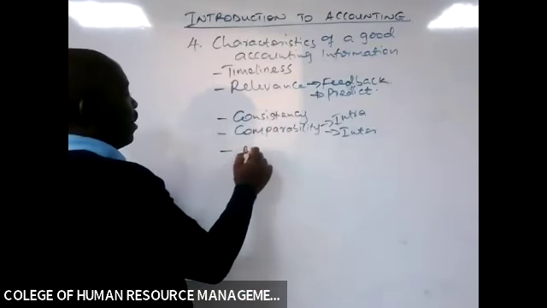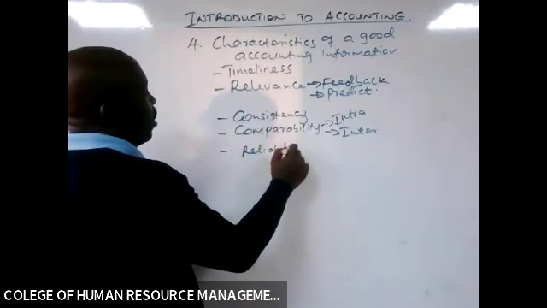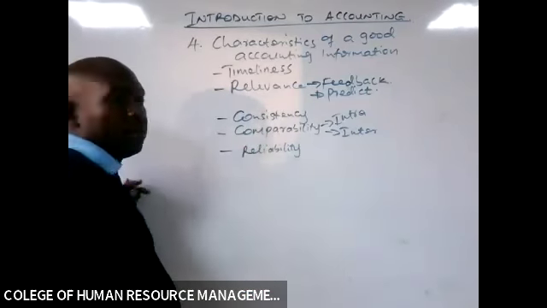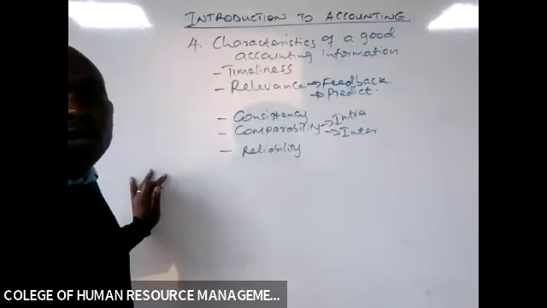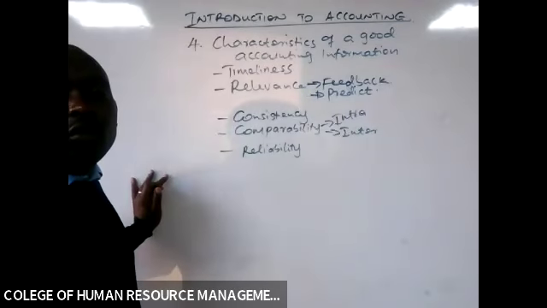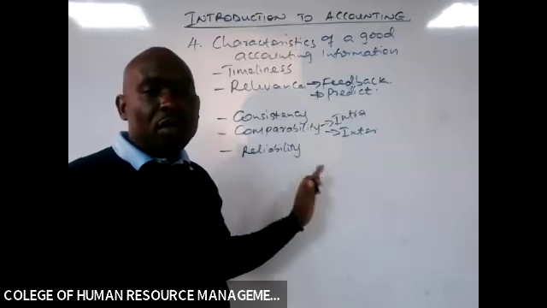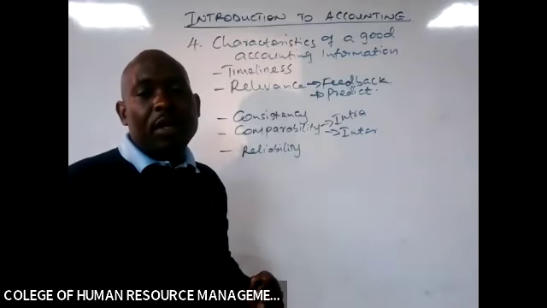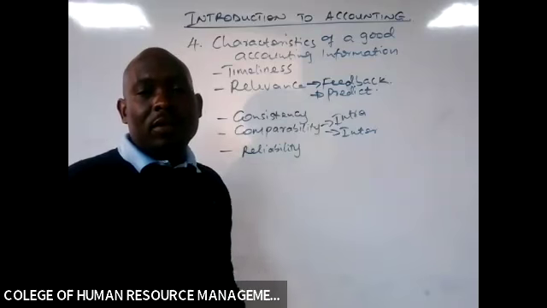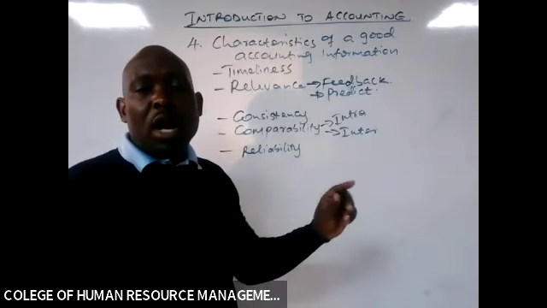Another characteristic is reliability. And this is all about information that is trustworthy. A good accounting information should be information that can be trusted, information that is not biased, information which has not been sugar-coated.